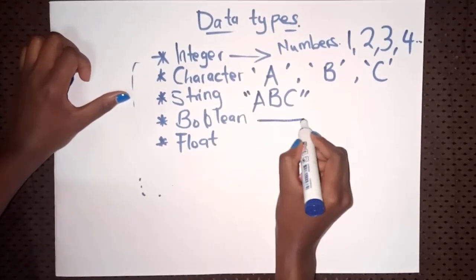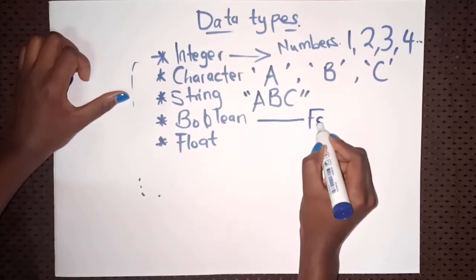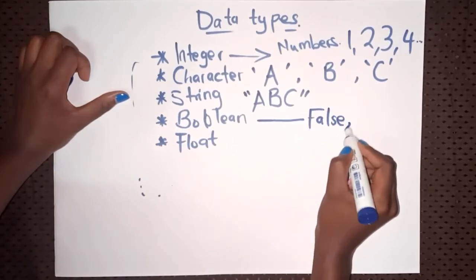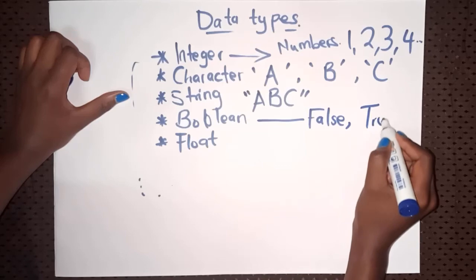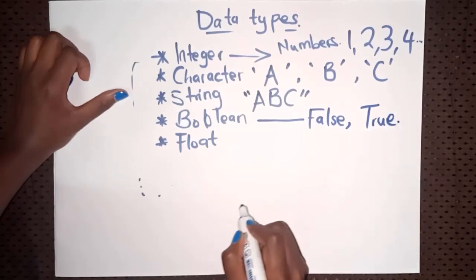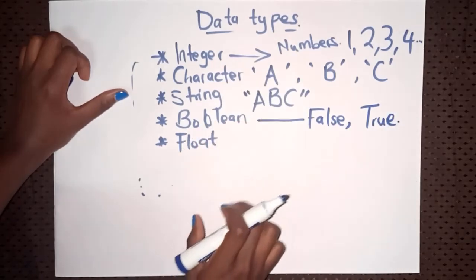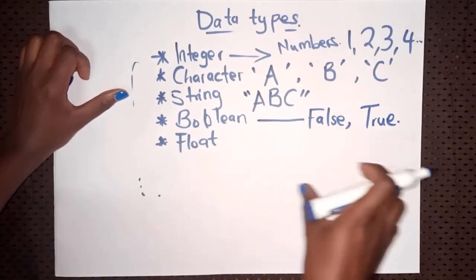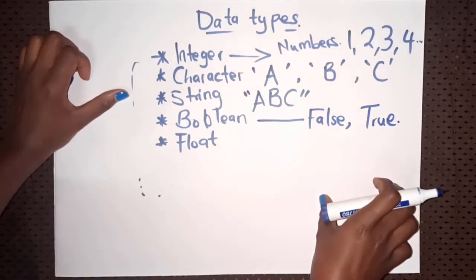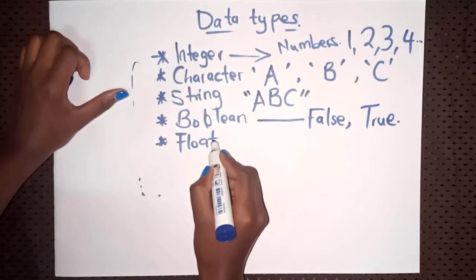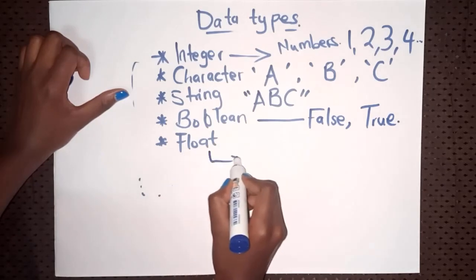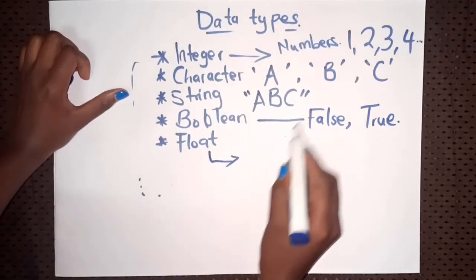Boolean only takes two forms: true and false. Whenever you're talking about Boolean, you're asking the question, is this true or is this false? These are the two forms for Boolean. Now, a float is a number but with decimals.